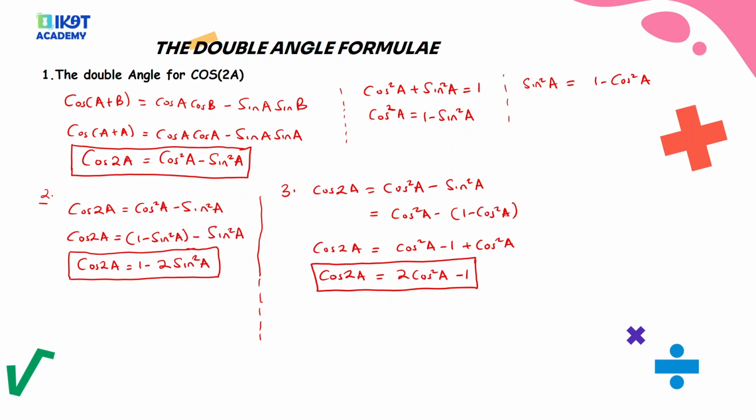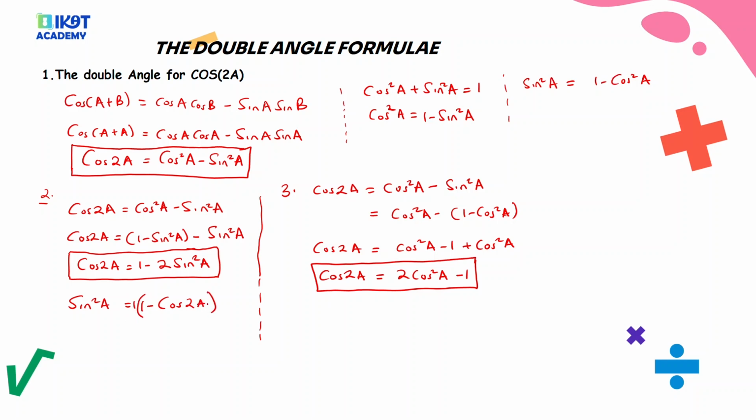So now we have these two. Now we can try to make sine squared the subject here so that we can have another expression. So here, if you make sine squared A the subject, you're going to have 1 minus, because this will come this side, this will go that side, 1 minus cos 2A.